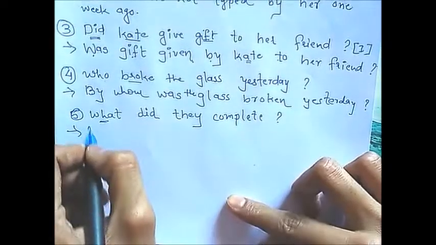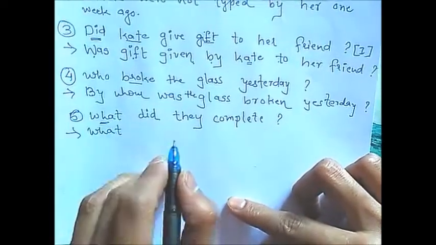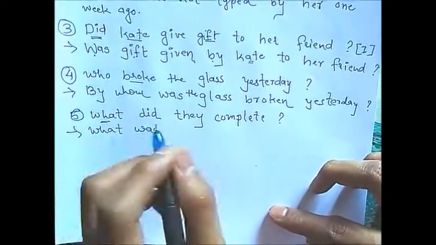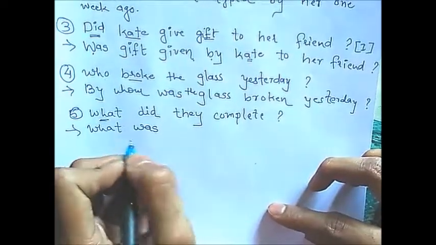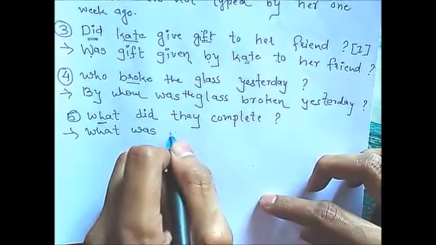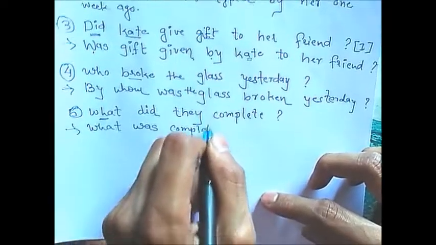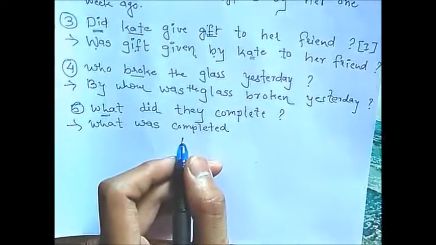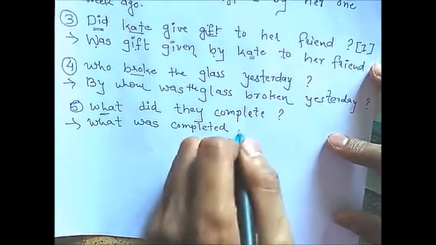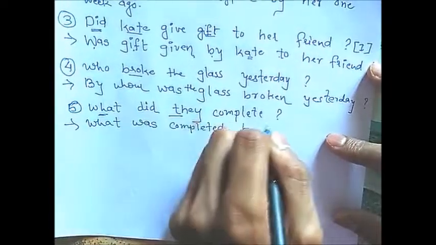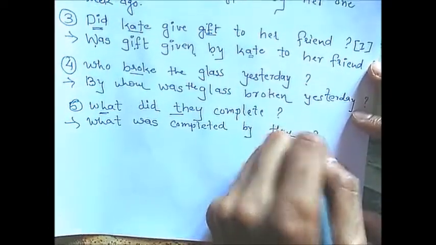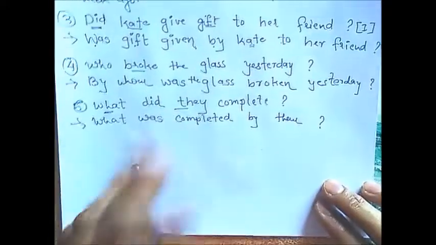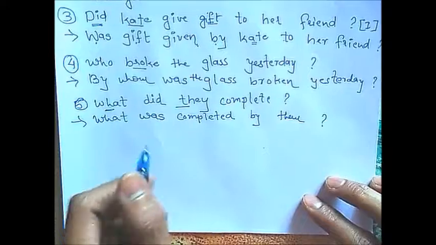In the very beginning put what itself, what, then after was or were according to the object, what was, then the past participle of the verb form, completed, what was completed by, and at last the subject them, what was completed by them. This is how you can go for a what question.